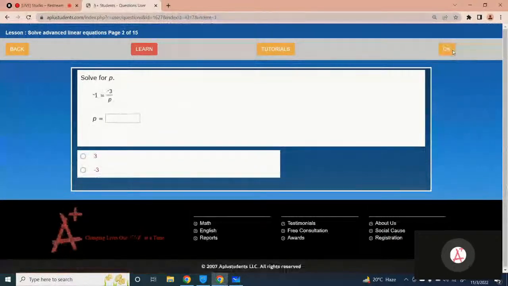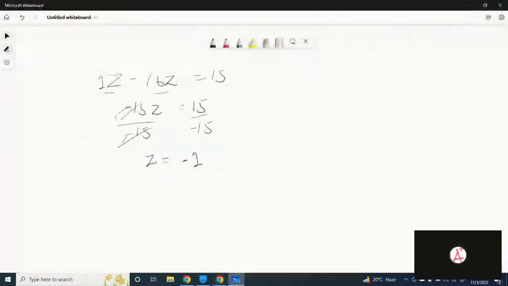Okay, the next one is solve for p. Negative 1 equals 3 minus 3 over p, so negative 1 equals negative 3 divided by p. Okay, so p is dividing here, just cross multiply the p to the other side. So it would be p times negative 1 equals negative 3. Got it?